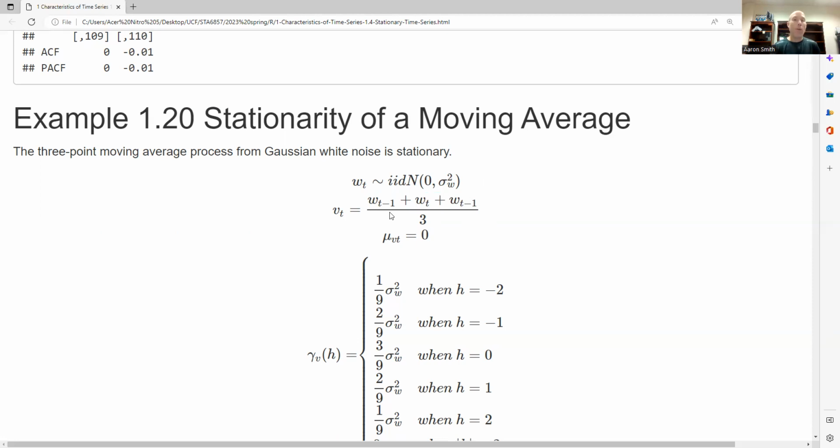Whenever I have a different subscript, a different time for the observations, the covariance will be equal to 0, so it's going to cancel out. So when I have W_t-1 along with W_t-1, W_t along with W_t, and W_t+1 with W_t+1, we're going to end up having a non-zero term when we're doing our covariance.